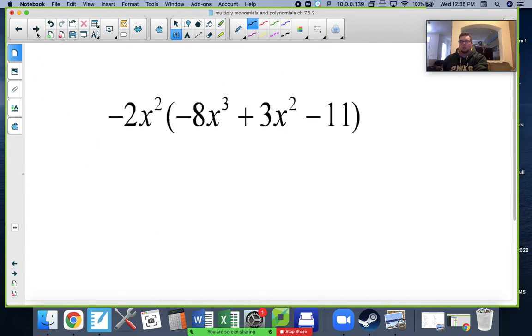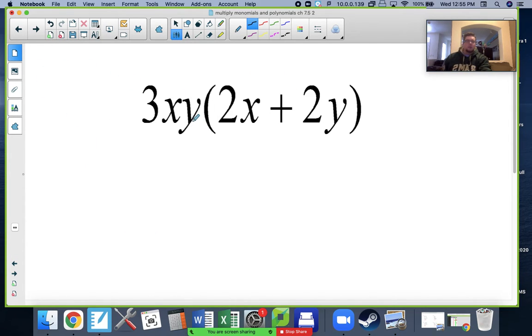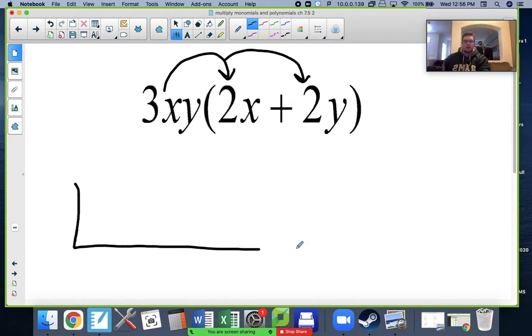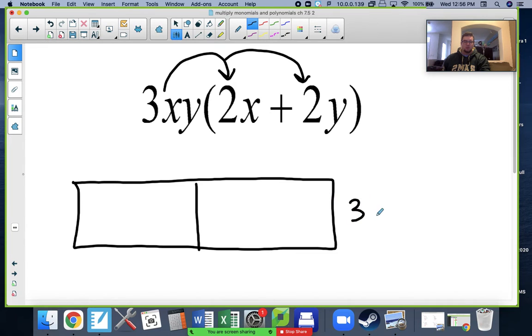We're going to make it a little bit more adventurous by adding in a second letter. So if I multiply these two terms, I'll use the box for this one. And then because I have more space, I'm going to put the 3xy over here. All right?